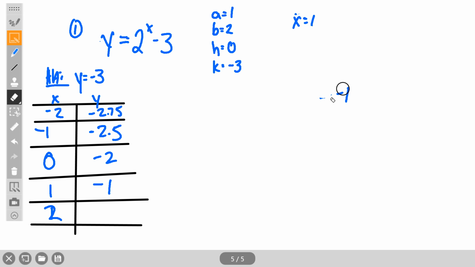And then plugging in 2, 2 squared minus 3, 4 minus 3, which is 1. Okay, so these are all of our points.